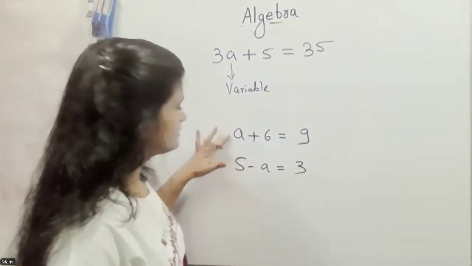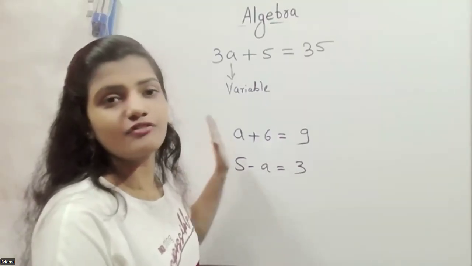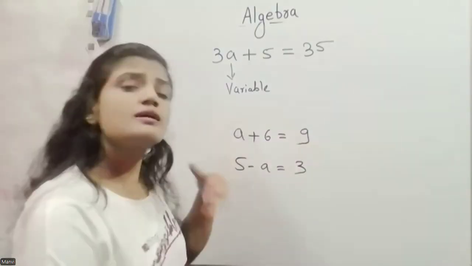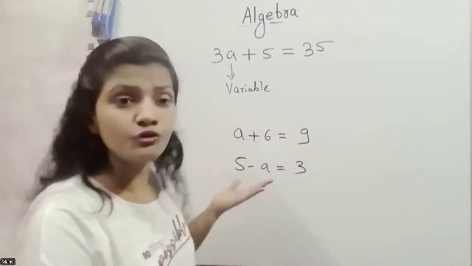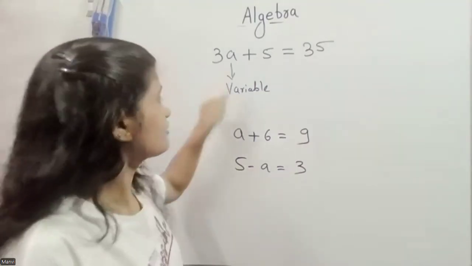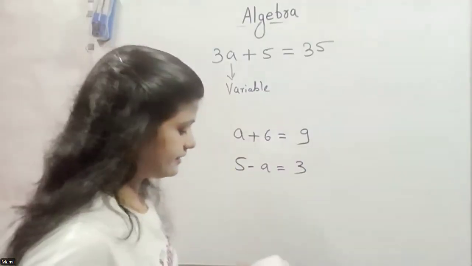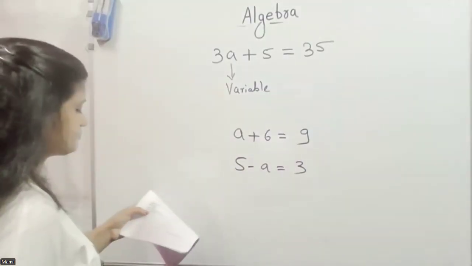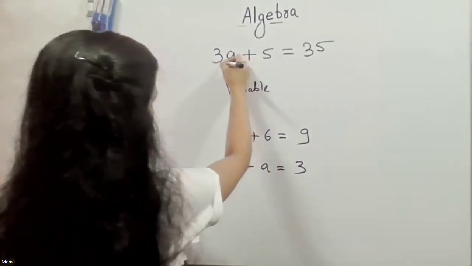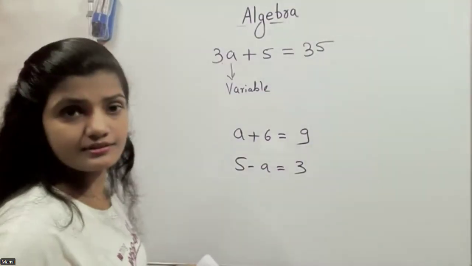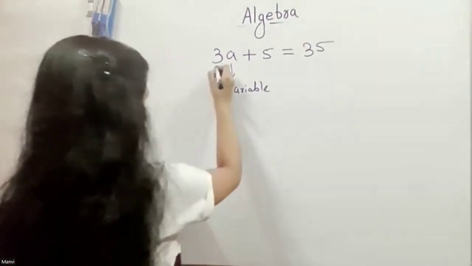So we can see that the value of a varies. Sometimes a is 3, sometimes 2, sometimes different. That's why it is an unknown value, and that's why we say variable. It may vary. Then whatever multiplies this variable is called the coefficient. So this is what?